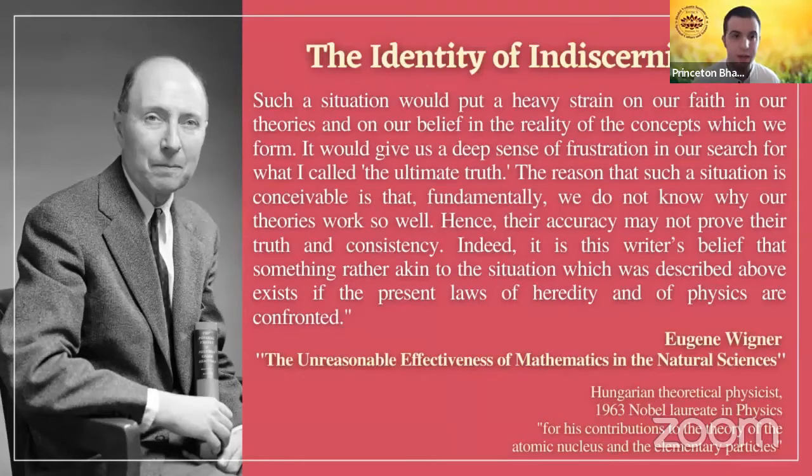So, as I said before, Eugene Wigner wrote this essay with the same title. So the title of this chapter is based off of this essay, actually. He is a Hungarian theoretical physicist and won a Nobel Prize in physics in 1963. He won his prize for contributions to the theory of the atomic nucleus and elementary particles.